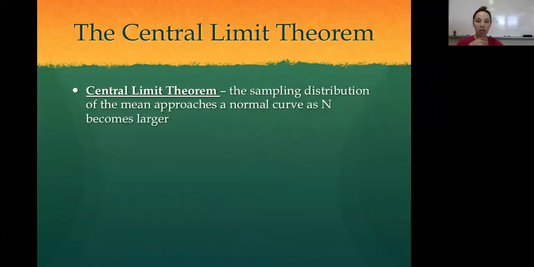So basically what that's saying is, as our sample becomes bigger, our distribution becomes more normal. And this is regardless of the distribution's original form. So we see that as n increases, our distribution becomes more like a normal bell curve.